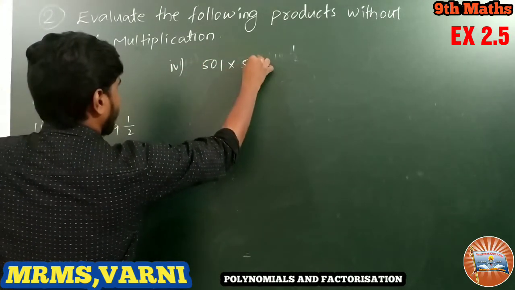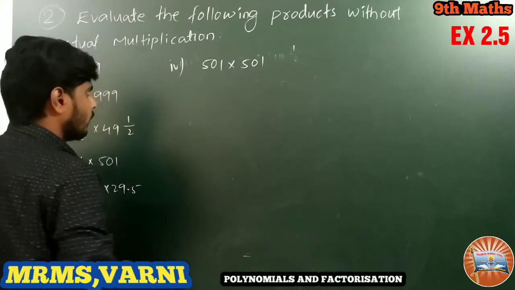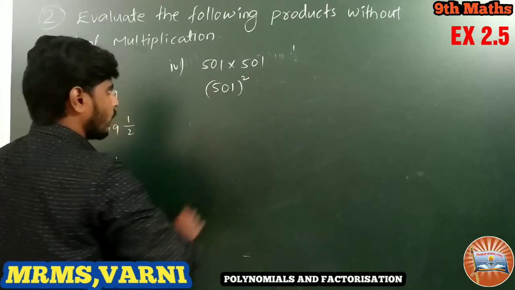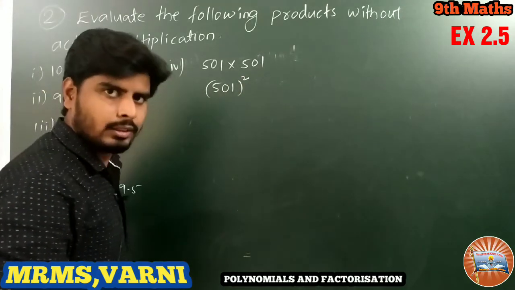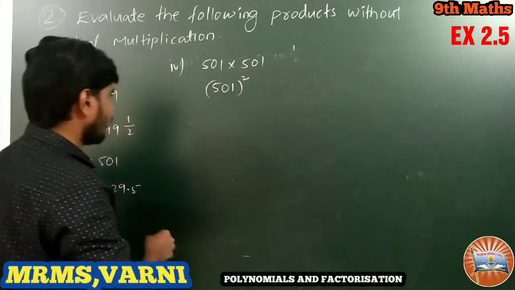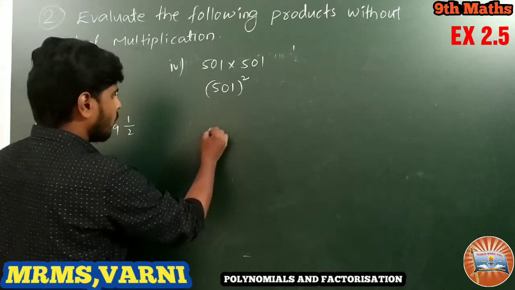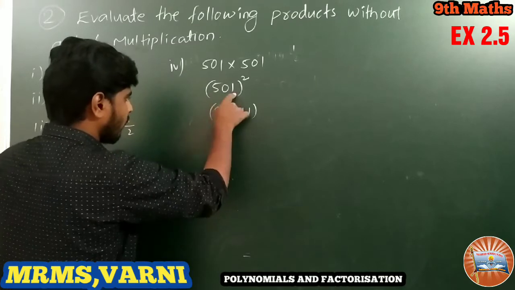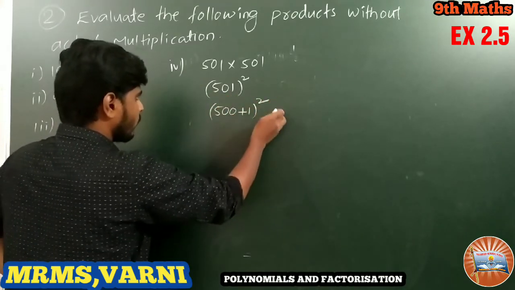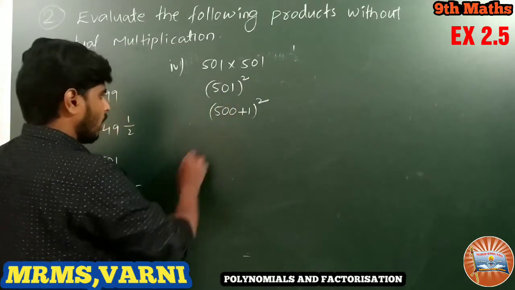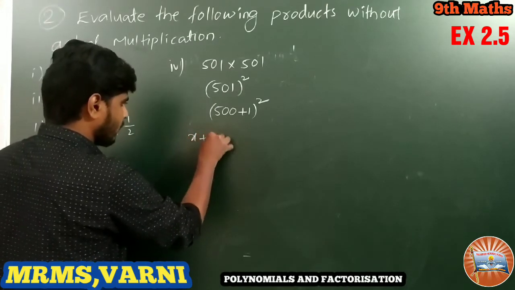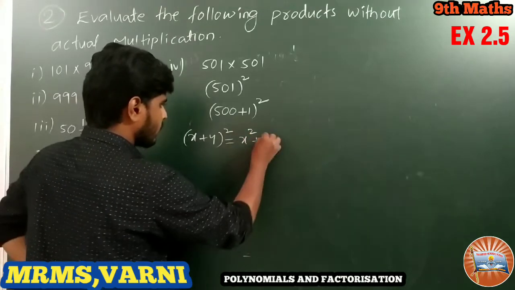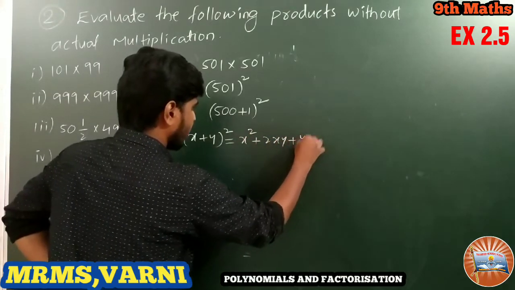501 into 501. Okay, this we can write 501 whole square, isn't it? Is it clear? Yes, right. So this 501 we can write as 500 plus 1, whole square. Now this is in the form of x plus y whole square is equal to x square plus 2xy plus y square.